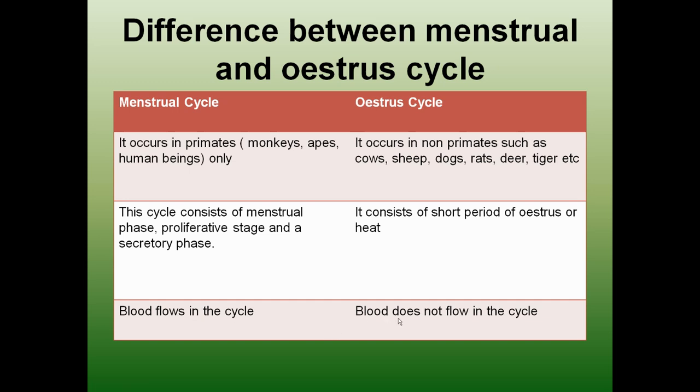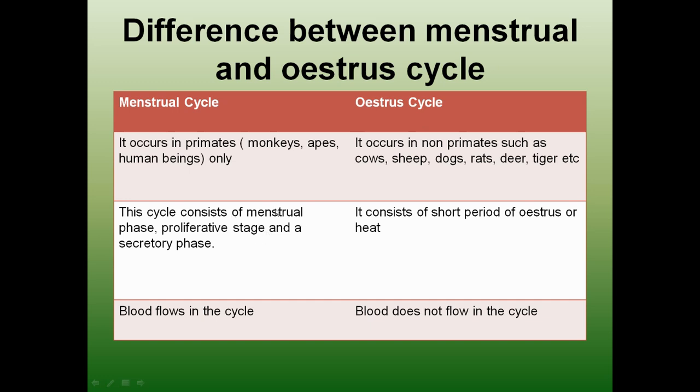So I'm repeating once again, menstrual cycle and oestrous cycle occur only when there is non-fertilization, or an unfertilized egg is released from the female body. If the egg is fertilized, the embryo is produced from the fertilized egg and later on the young one. Menstrual cycle is exclusive for primates and oestrous cycle is exclusive for non-primates.